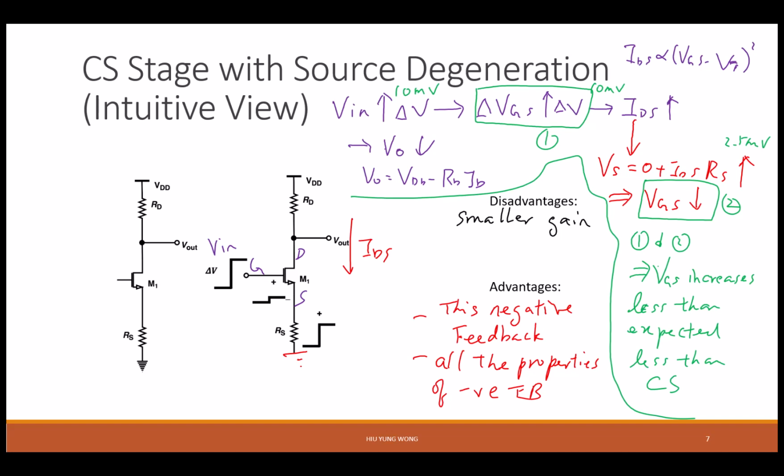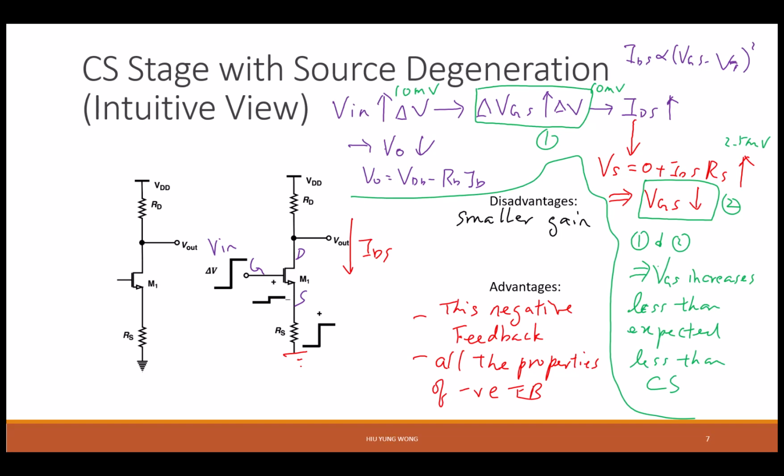I increase VG by delta V. So in that case, what happened to the ID? If I increase VGS by delta V, ID increases also, right? Because again, IDS is proportional to VGS minus VT squared, which we spent a lot of time to study before. Good, so it increases.